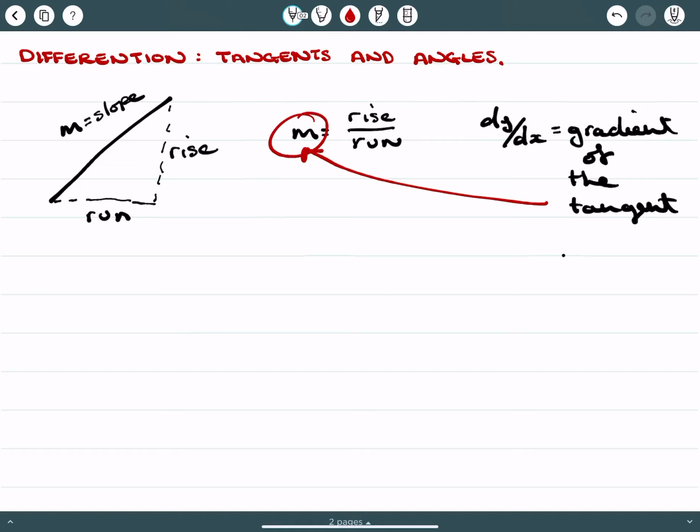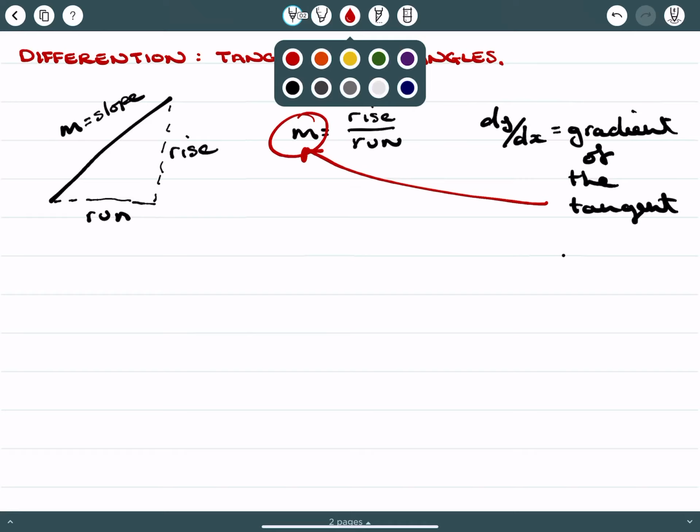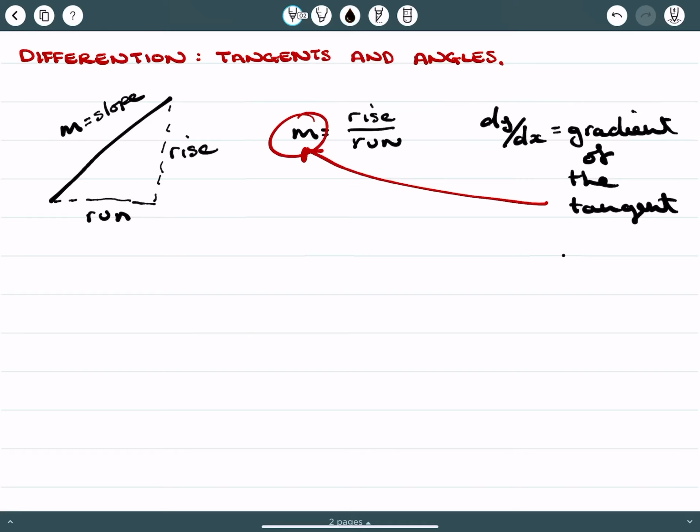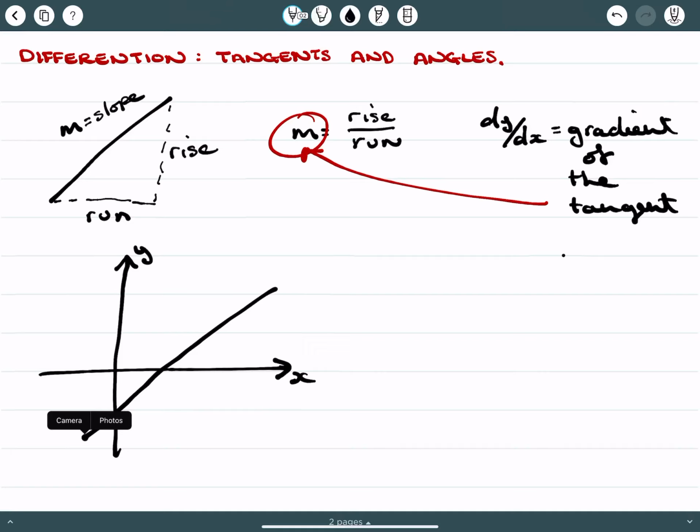So the two are related, but what we want to ascertain here is what happens when we have an angle. If I set up any set of Cartesian axes and put a line through here, I'd have some angle, which is generally measured to the positive end of the x-axis. This angle we can find by its rise over its run.